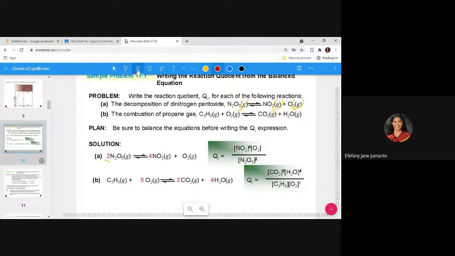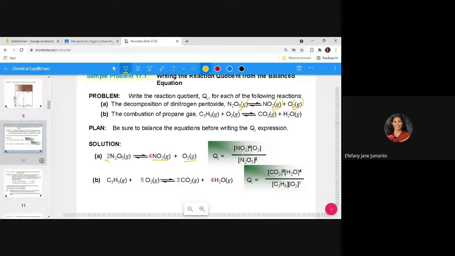Okay, the product now. If we write the Q, we emphasize the C. C is our concentration because later we will encounter the pressure also. So it's Qc. Qc is equal to the product. What is the product, class? 4NO2 plus O2. And in the reaction quotient, we raise to the coefficients.